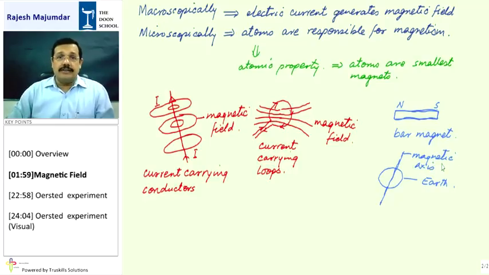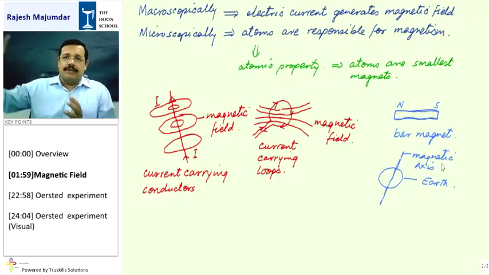And it is also very interesting to know that in the geographical north of earth there is the south pole of the earth's magnet, and vice versa. And one more very interesting aspect of understanding the earth's magnetic field is that it extends to a very, very large distance in space.